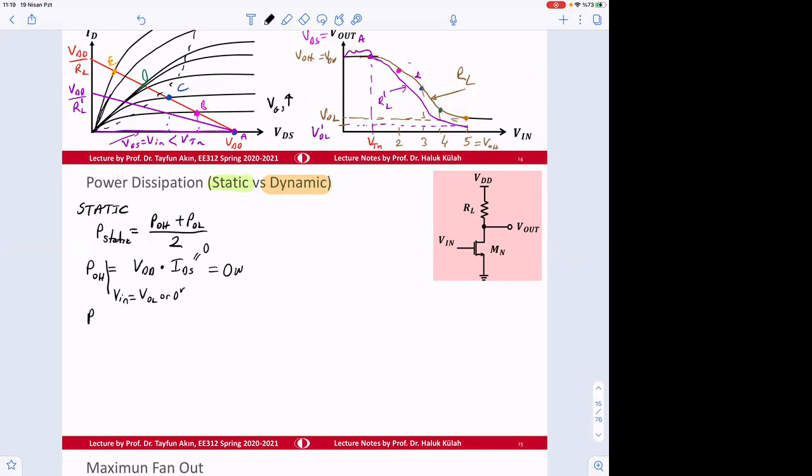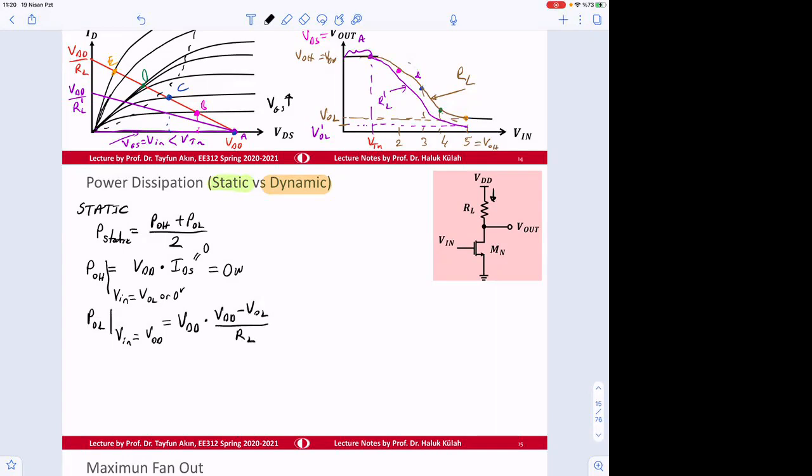Okay, but what about P output low? In the output low case, this is when V in is equal to VDD, and for this case this is going to be VDD times the current drawn from the supply. The current drawn from the supply is going to be IDS, or we can find it from the equation if we know V out. It's going to be VDD minus V output low divided by RL.